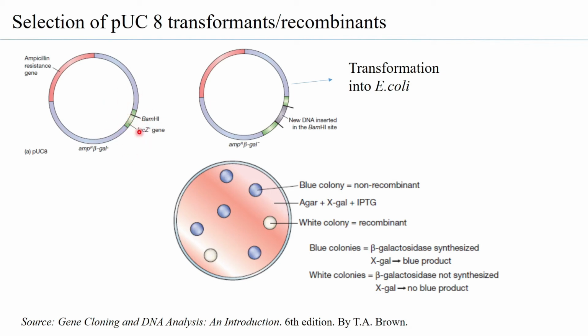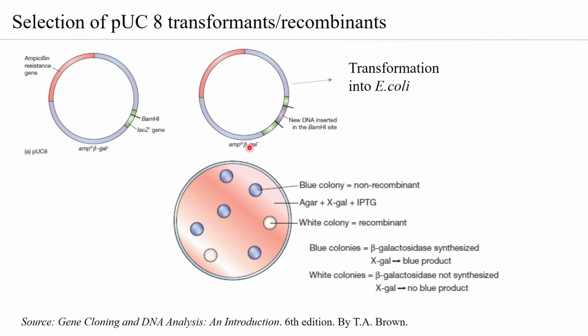So there is no insertional inactivation. And so this lacZ prime will be induced by IPTG, and the product of the lacZ prime will be able to break the X-gal into blue. So all colonies that are blue in color are transformants because they are growing in ampicillin containing media, but they are non-recombinants because the lacZ prime is not inactive.